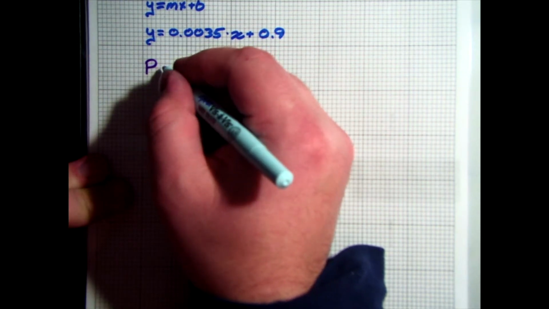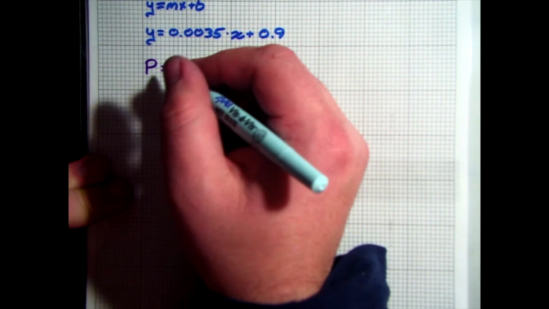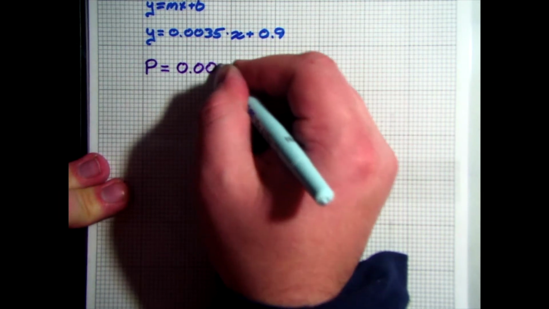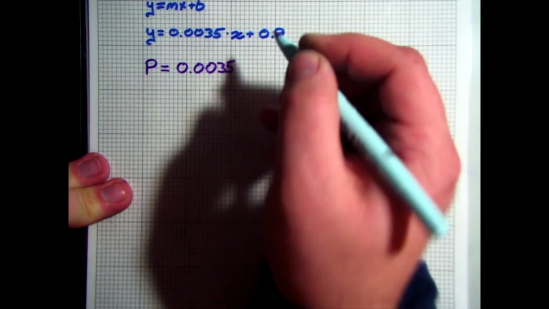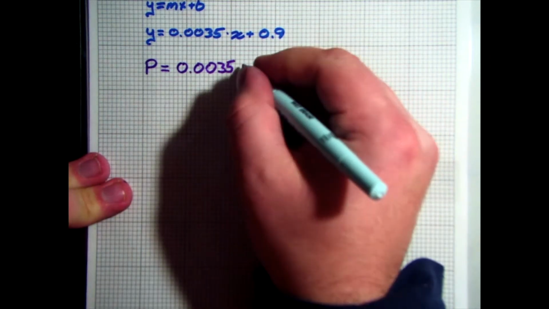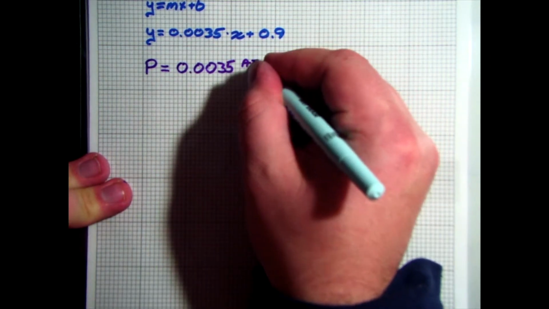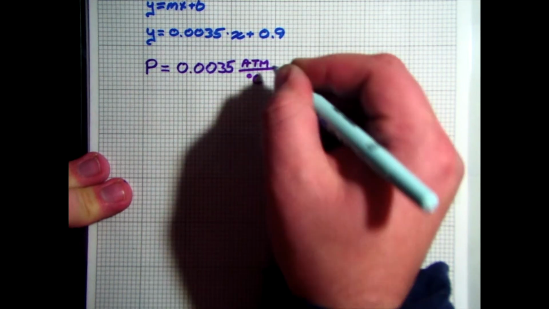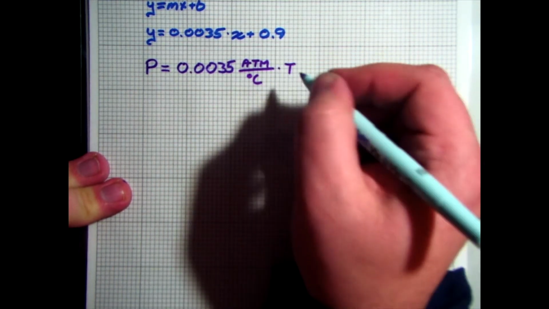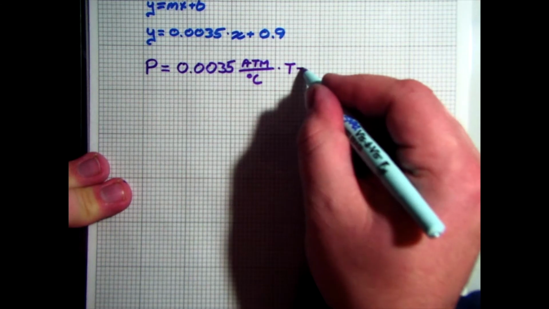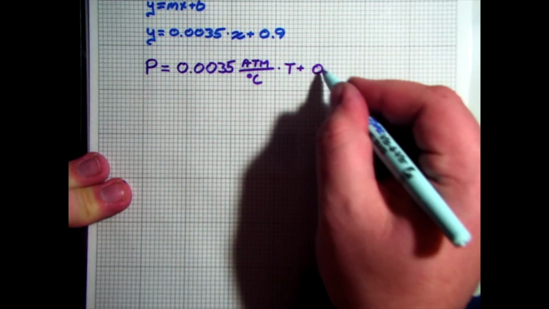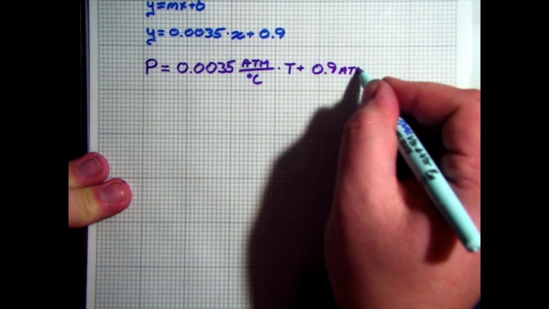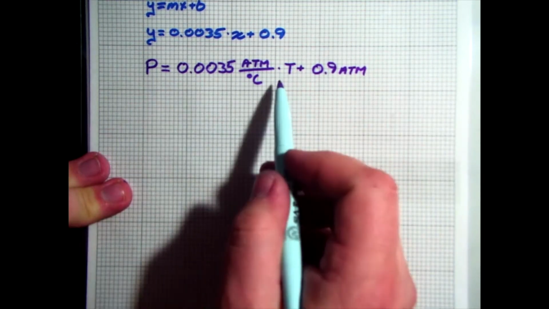Y is pressure, and that equals 0.0035, and the units of that would be units of rise, which is atmospheres, over units of run, which is degrees C, times our x value, which is temperature, plus the y-intercept, 0.9, and the units of that is in atmospheres. So now we have our complete equation.